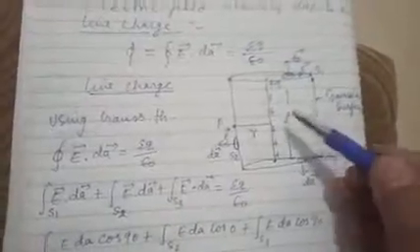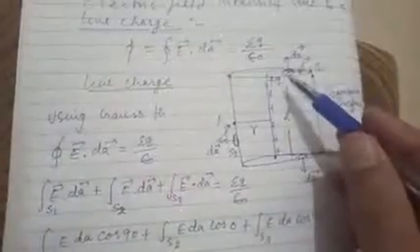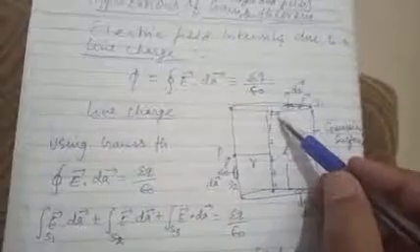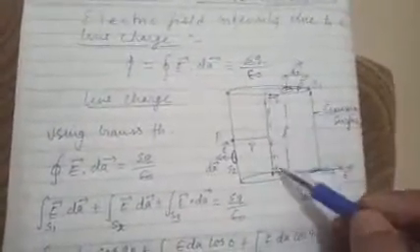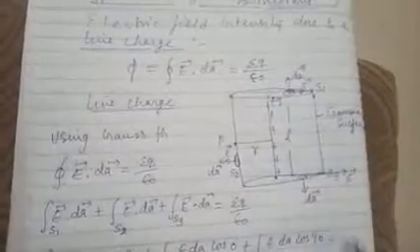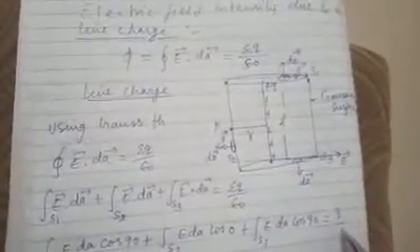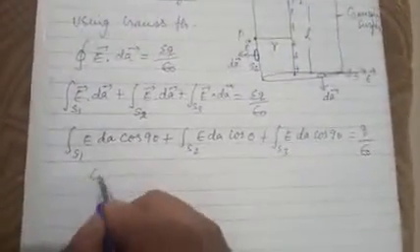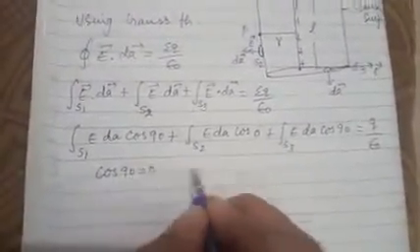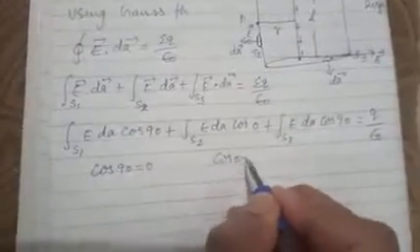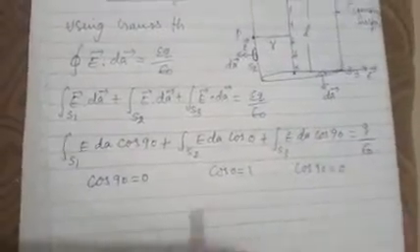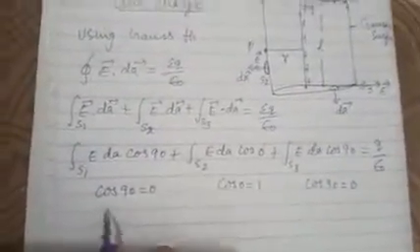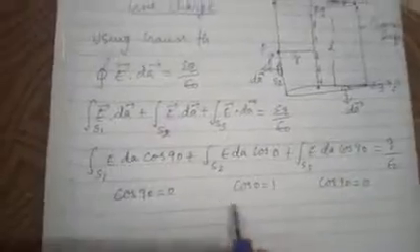Summation q is the charge enclosed in this Gaussian surface. So that is q. We have given q charge to this wire, and that q charge is distributed, so it remains inside this Gaussian surface. So we can write it as q divided by epsilon 0. We can solve this since cos 90 is always 0, cos 0 is equal to 1, and cos 90 is again 0. So we can solve using these trigonometric values.